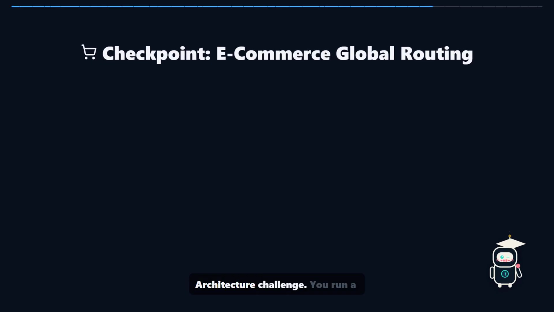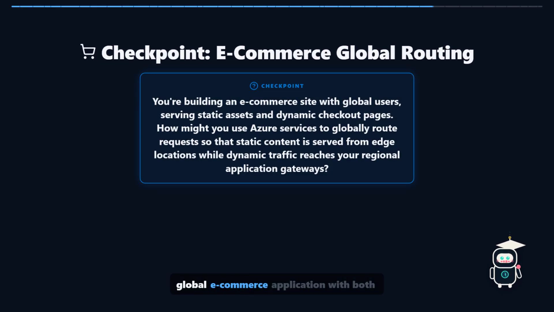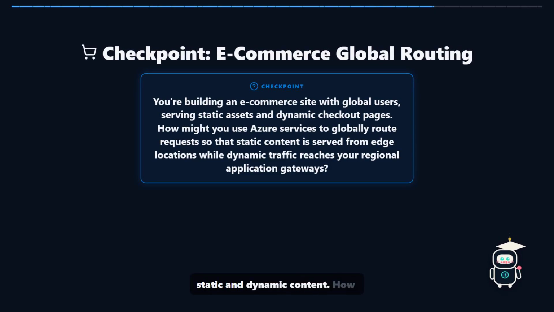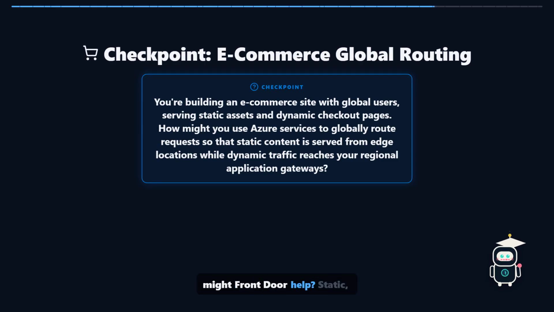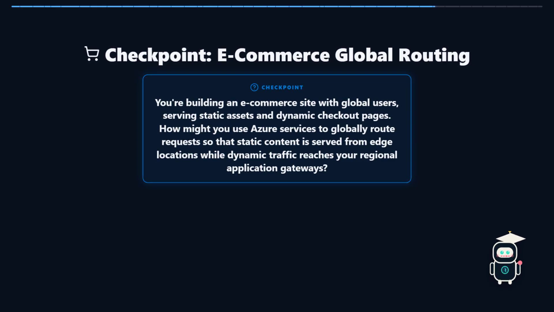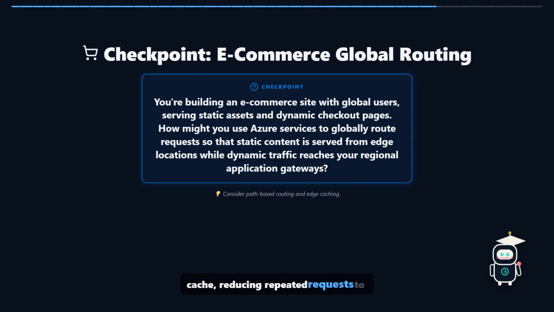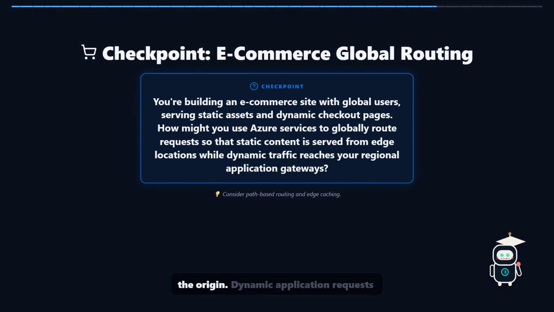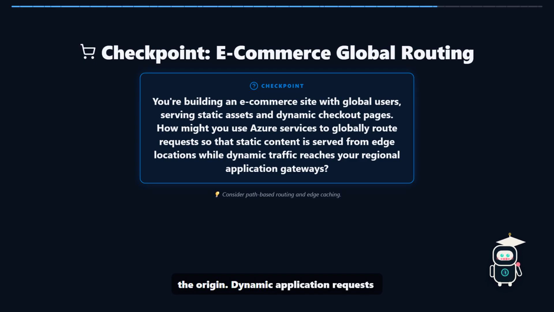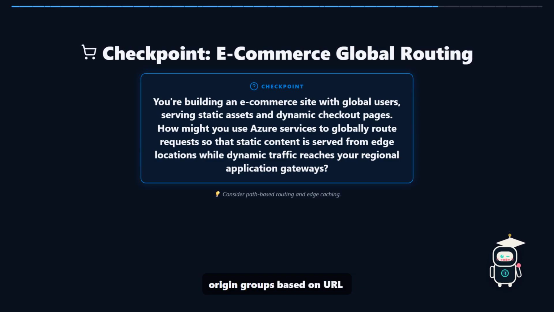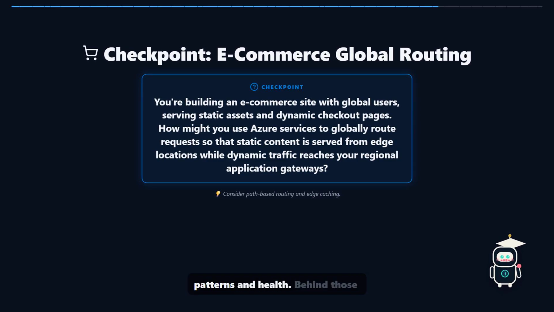Architecture challenge. You run a global e-commerce application with both static and dynamic content. How might Front Door help? Static: cacheable assets can potentially be served from Front Door's edge cache, reducing repeated requests to the origin. Dynamic application requests can be routed to appropriate origin groups based on URL patterns and health.